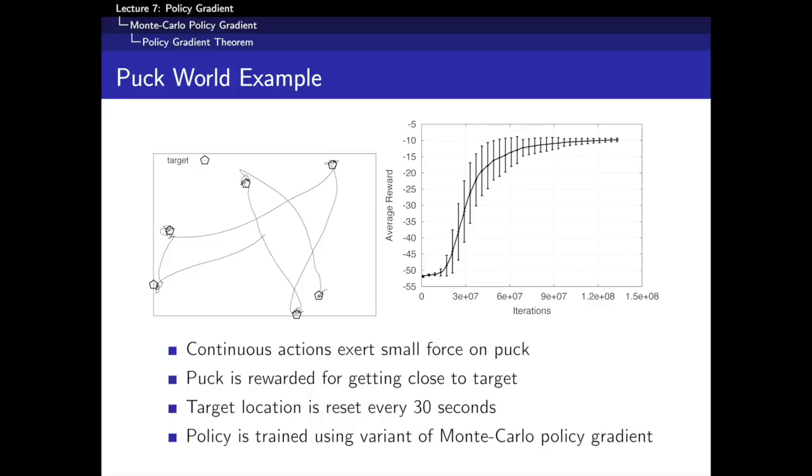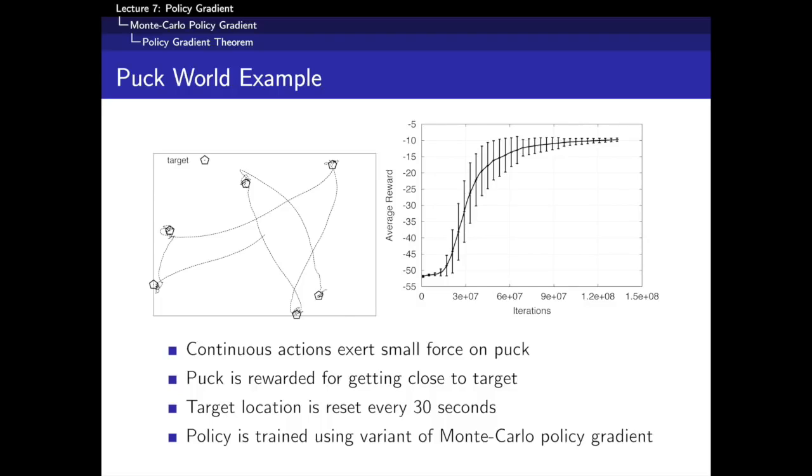The target is given by this pentagon, which moves around every now and then, and it has to try and reach that target. It gets a reward when it gets close to the target, and it's reset every 30 seconds. Then you just run trajectories, and you use this Monte Carlo policy gradient, and you update in the direction of those returns. So you measure your return, you go back over it, and you adjust your policy a little bit in the direction that gets you more of those returns, and then you see how this works.